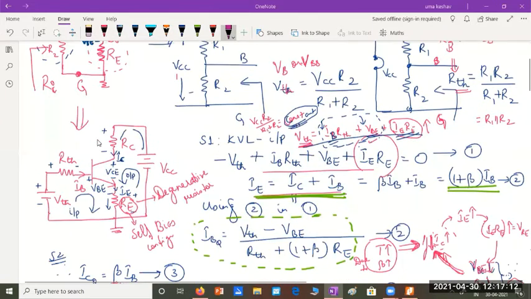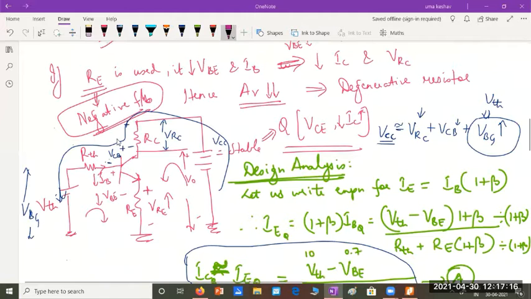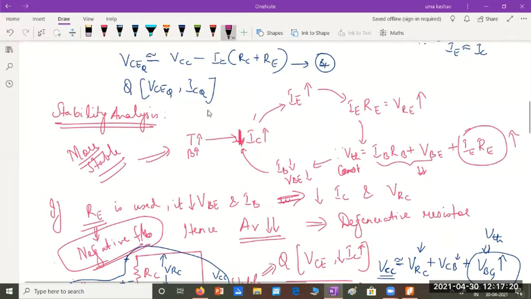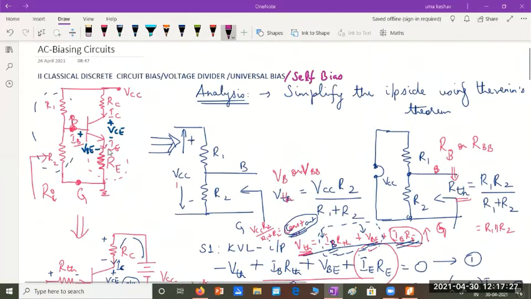Now we discussed that this circuit is more stable when compared to the fixed bias arrangement, because we could show that this resistor in the emitter junction would act like a feedback resistor. It would give negative feedback into the input part of the circuit.